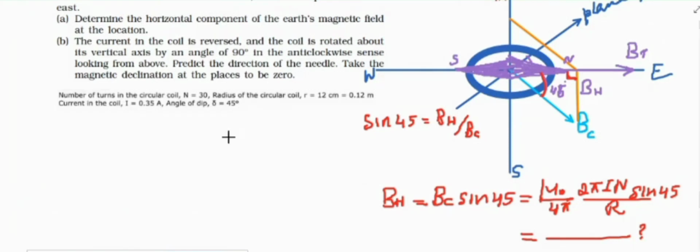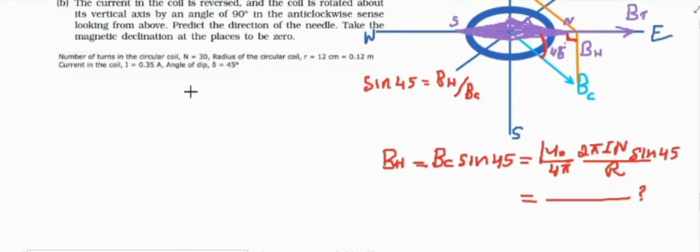Once again, we have north, south, east, west directions. Now, at present, we can see BH is acting towards north, and it remains in the same direction, BH towards north.